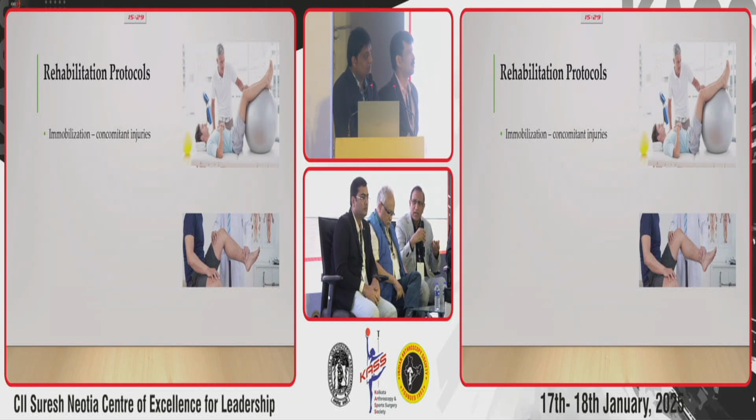That's when I start the mobilization, as opposed to PCL. This is the only difference between PCL and PCL avulsion, because here we rely on healing much sooner and mobilize them a lot sooner. Right. So when will we start the range of motion in these patients? 3 weeks.